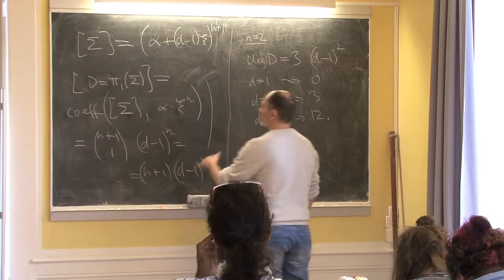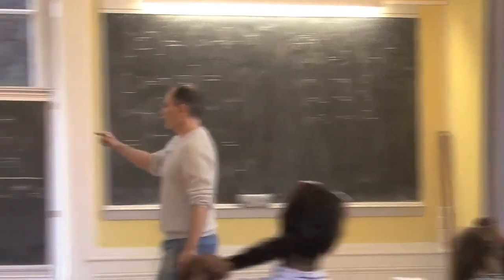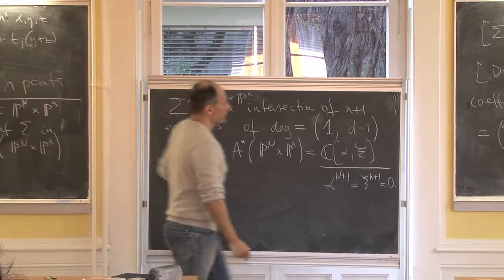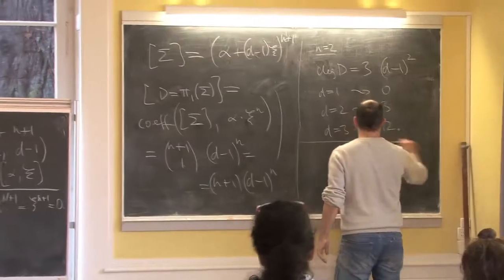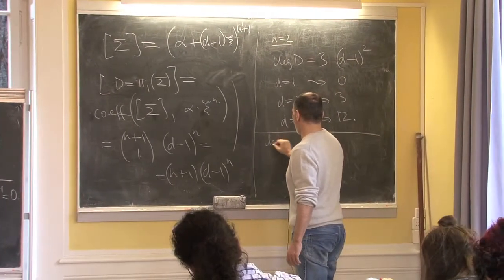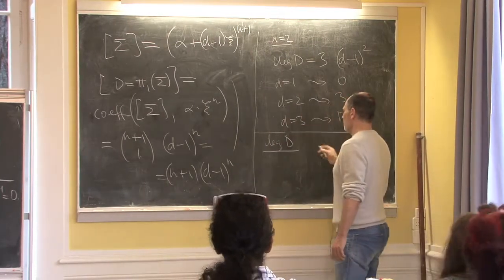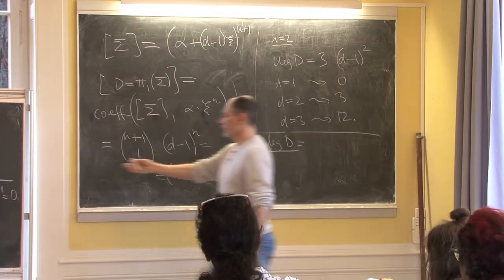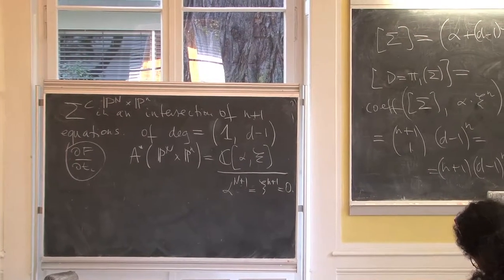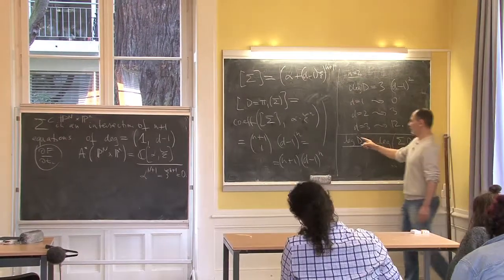One way of thinking about it is we would like to find the degree of d, which is going to be just the top degree, so the degree of sigma intersected with, so this degree of d is a slightly different place.